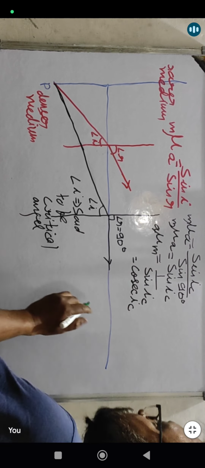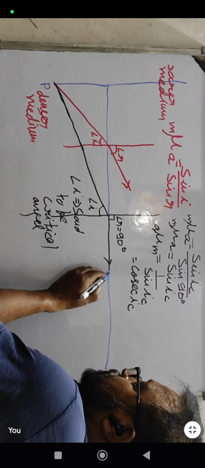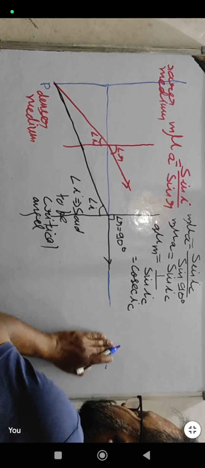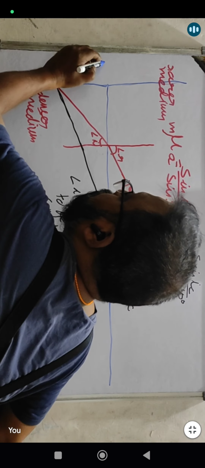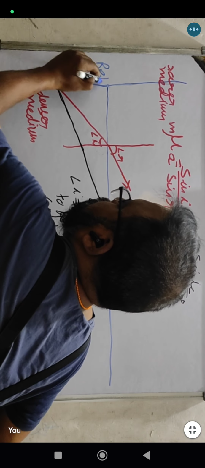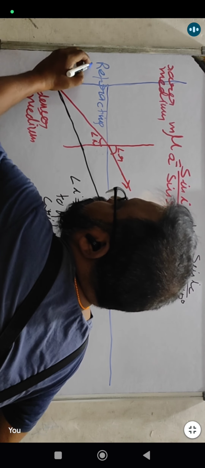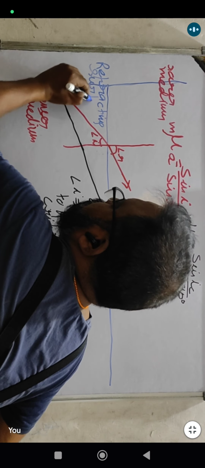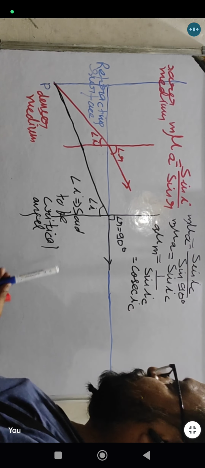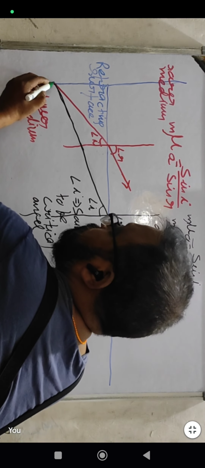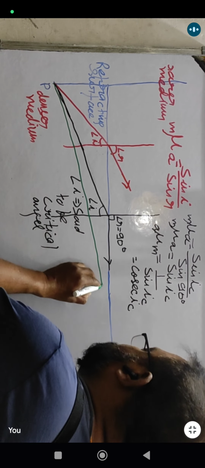And the third case: if we take the normal like this, this is the refracting surface. The angle of incidence is like this.